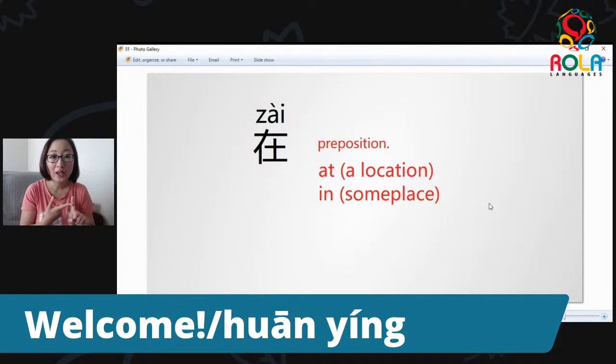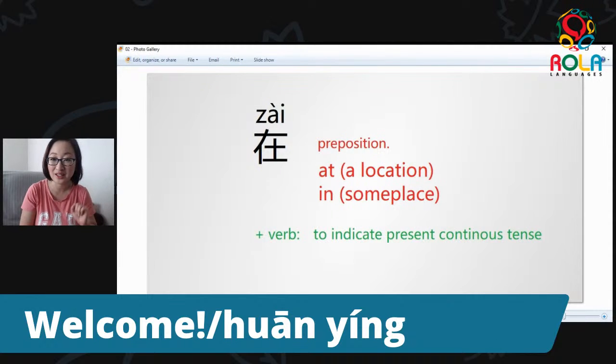But today, we're going to be teaching another very important function of this word, 在. It can be used to indicate the present continuous tense. 在 plus a verb means you turn that verb into verbing, into doing something.